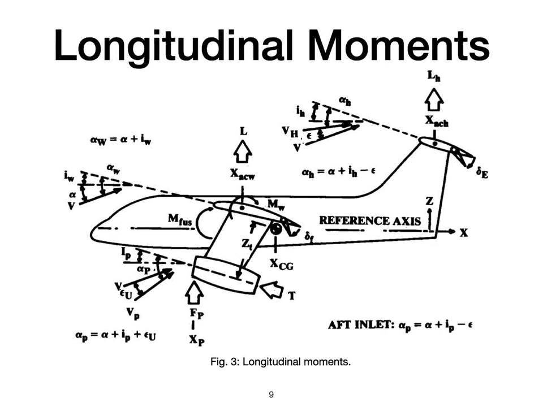The wing pitching moment contribution includes the lift through the wing aerodynamic center and the wing moment about the aerodynamic center. Another wing moment term is the change in pitch moment due to flap deflection.